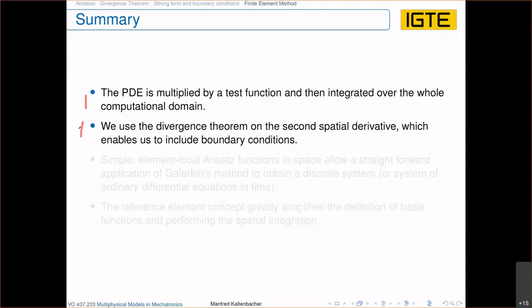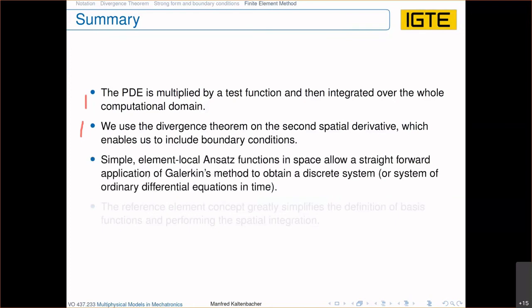This is very important, especially for us in electromagnetics, where you also have jumping material parameters, for example the interface between air and iron, where you have a strong difference in the permeability. In this sense, you have no problem because the material parameter enters the weak form without any spatial derivative.